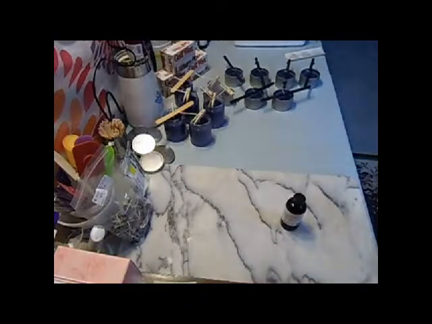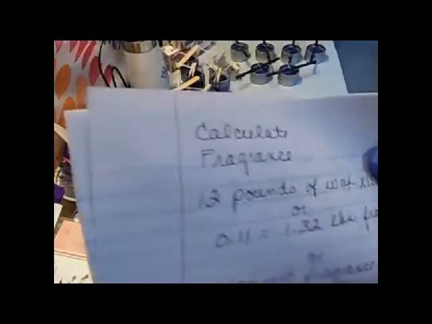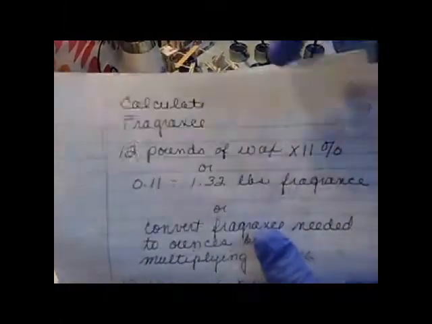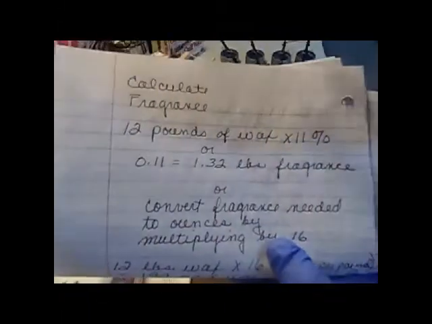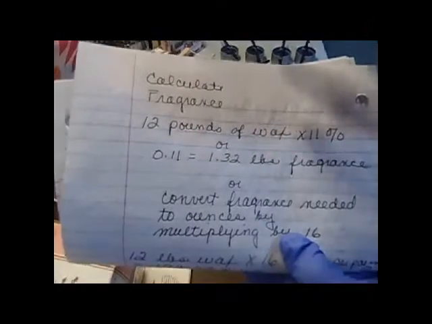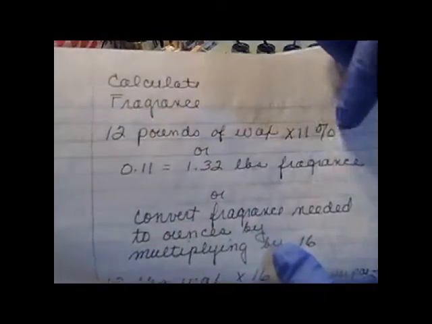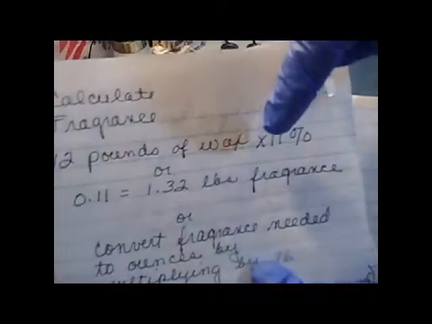Now, when you have that melted, then you want to do your fragrance. 12 pounds of wax at 11%, and excuse the scribbling here, but just my notes, and you can do the same. So 11%, you make it 0.11.